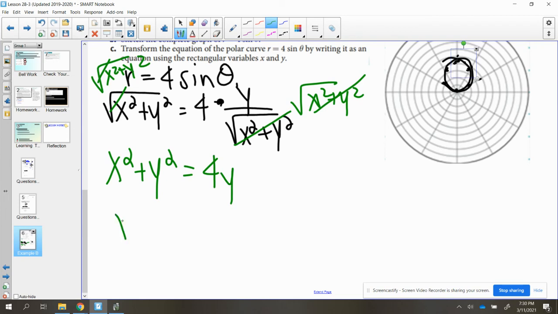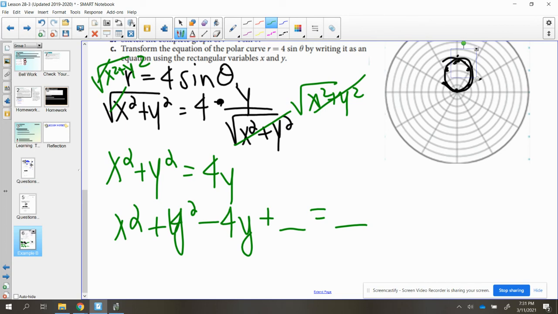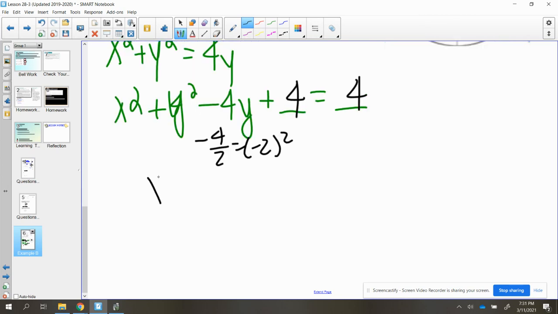Okay? Bring everything over to one side, just like we did with circles in the conics unit. We're going to have to complete the square on our y values. So divide -4 by 2 and square that value. We add 4 to both sides. And then last but not least, x squared plus (y minus 2) squared equals 4.